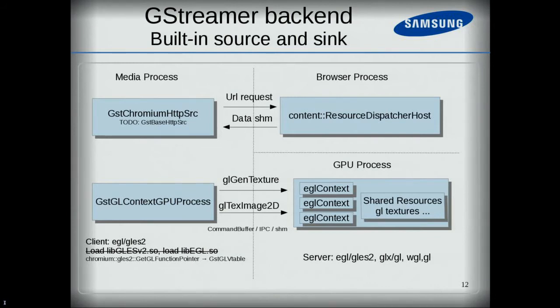On the left is the client-side API, which is only GLES2, so they want something uniform. But on the server side, in the GPU process, they can keep GLES2 or translate it to desktop GL through ANGLE.